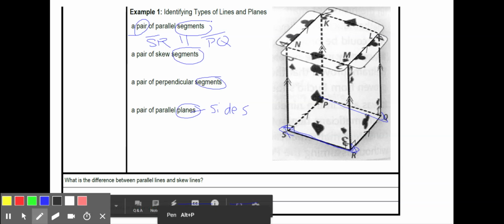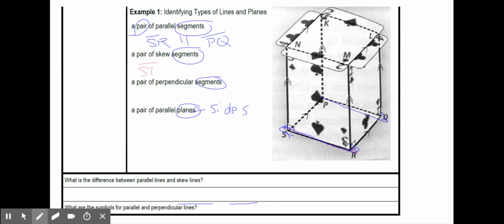All right, let's find a pair of skew segments. So let's start again with segment SR, and we need a different side that will not intersect. So how about this line right here?